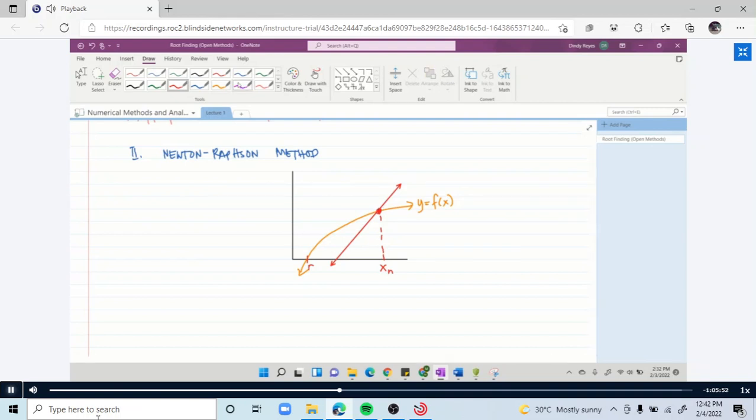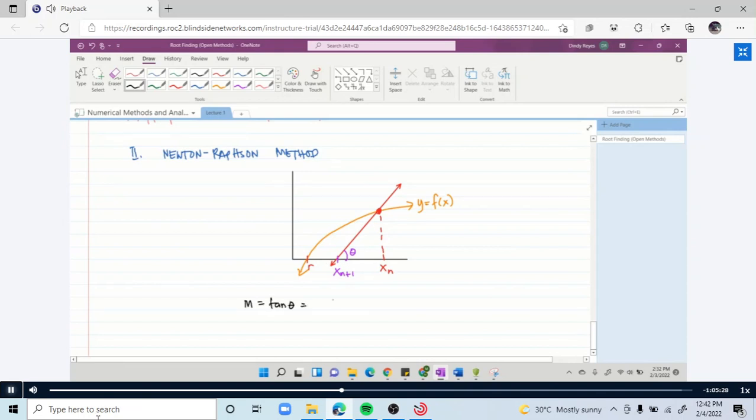Now, this value right here is actually the next approximation. Ito yung x sub n plus 1 mo. Now this forms an angle theta with the x-axis. Now, we'll use the slope m of that particular line, which is equal to tangent theta.